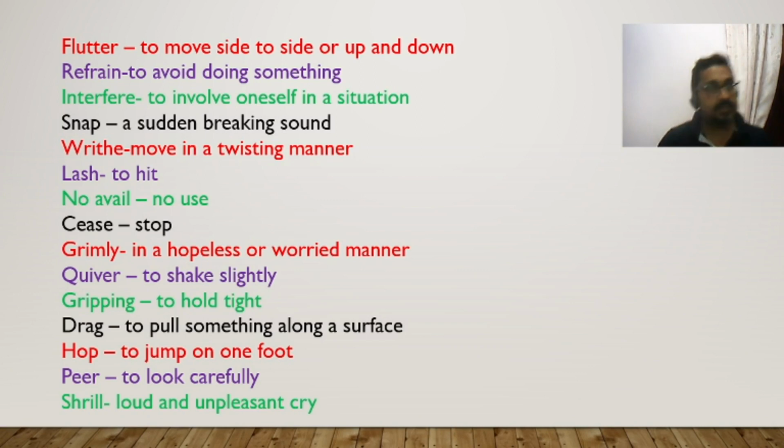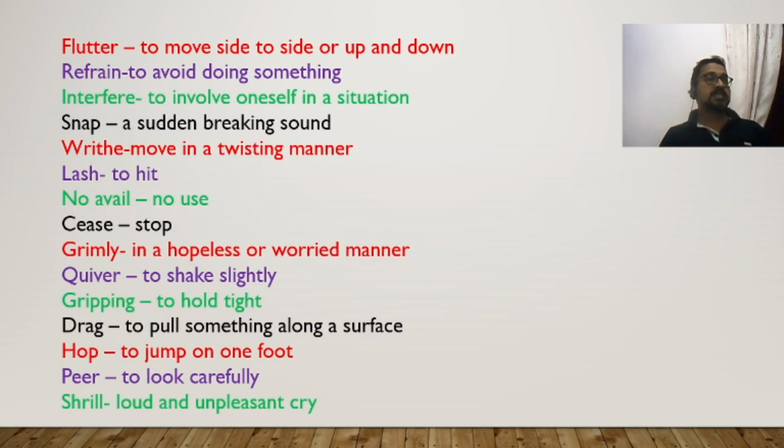Once again. Flutter, to move side to side or up and down. Refrain, to avoid doing something. Interfering, to involve oneself in a situation. Snap, a sudden breaking sound. Writhe, moving in a twisting manner.